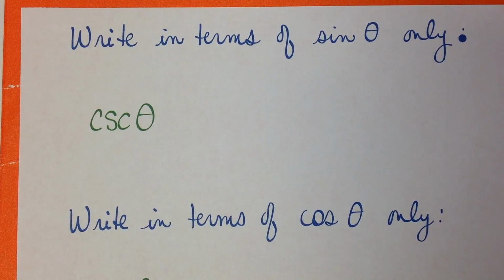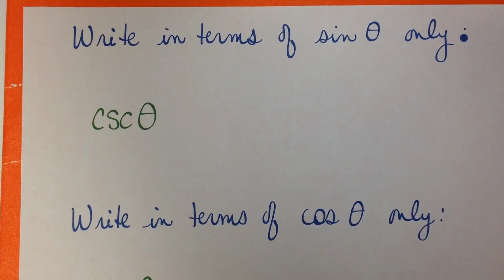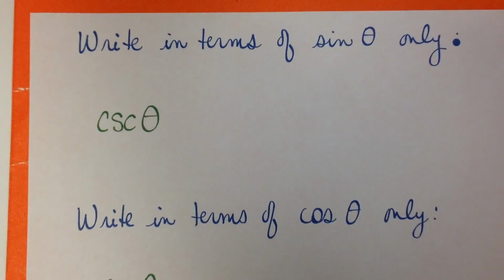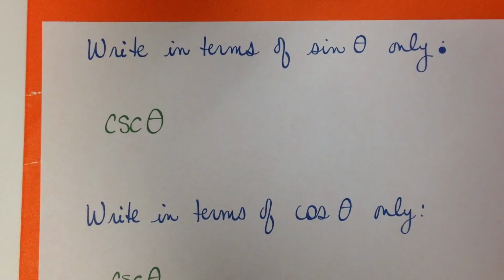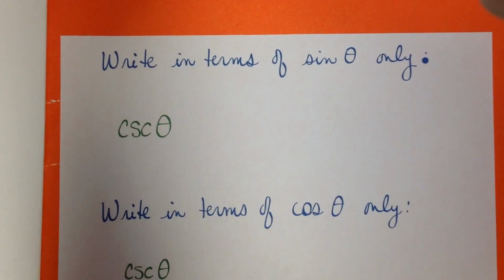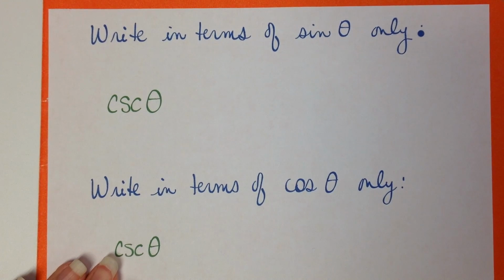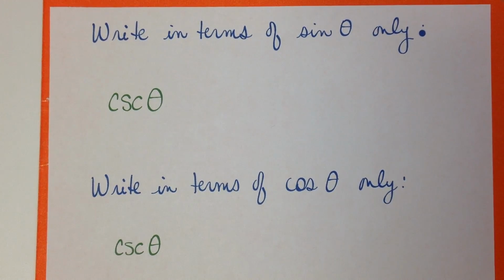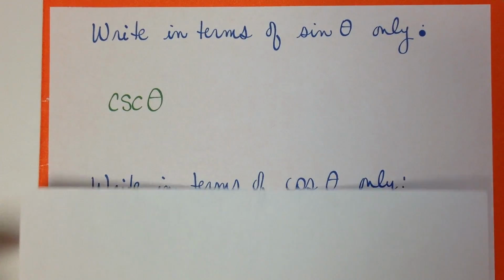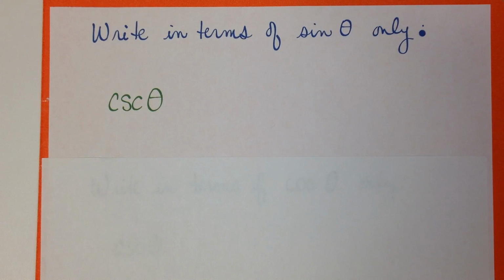Alright, first problem that we have here. Of course it states to write in terms of sine theta only. So you're going to rewrite cosecant theta so that it's expressed with only the trig function of sine.